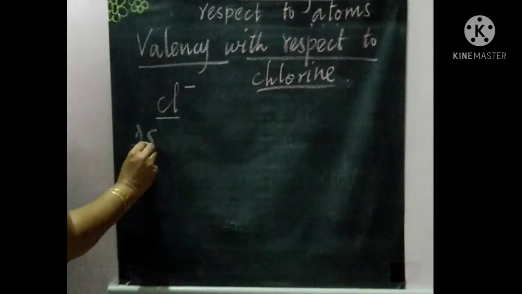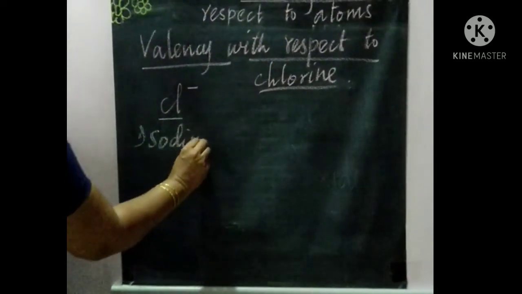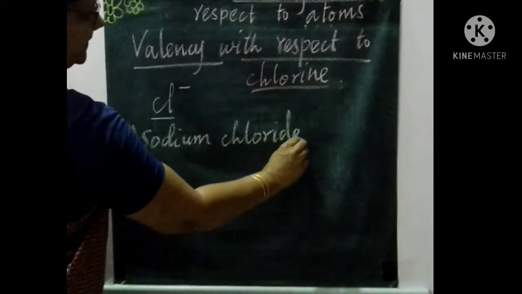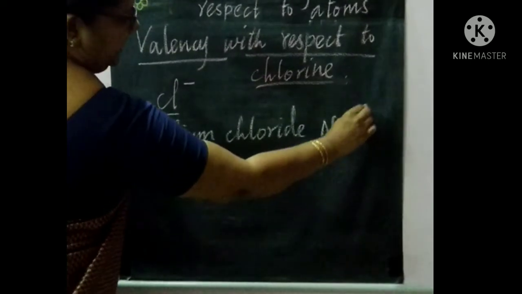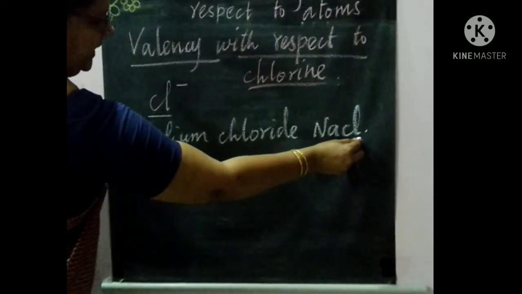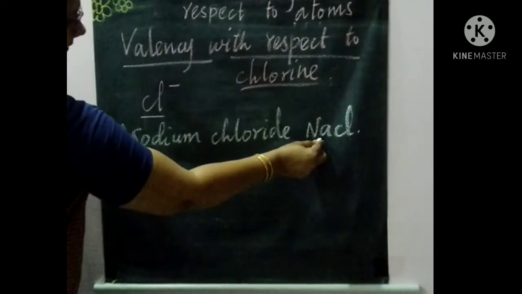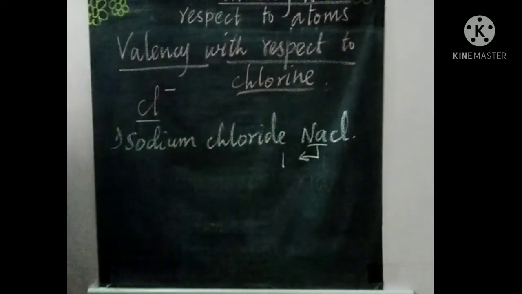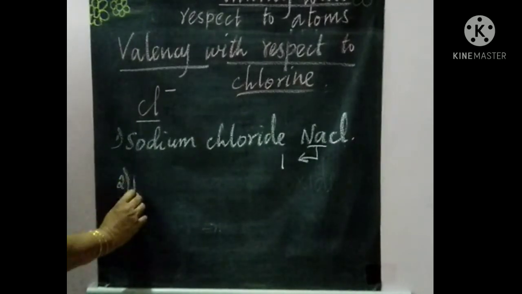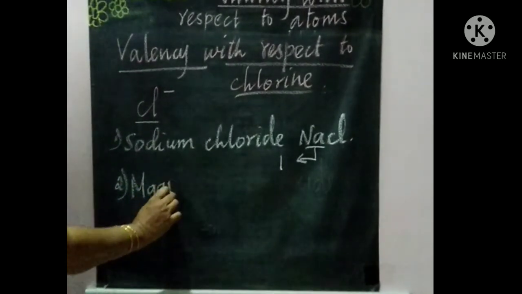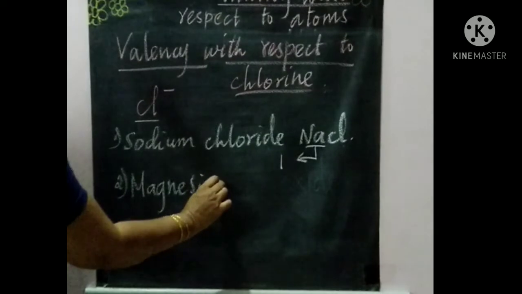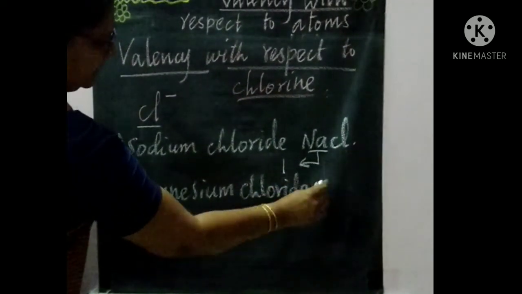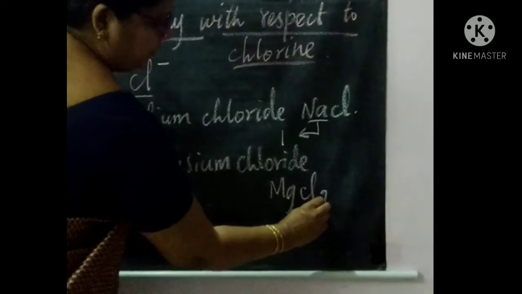Shall we see some examples? First one, sodium chloride, NaCl. One atom of chlorine combines with sodium, so the valency of sodium is 1. Another example, magnesium chloride, MgCl2.